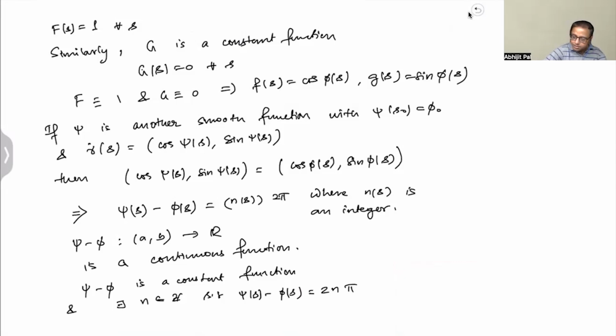Also we have that psi of S0 is equal to phi 0, which is again equal to phi of S0. So psi minus phi at S0 is equal to 0, so this n is equal to 0. Therefore psi is equal to phi. So these two functions are the same.